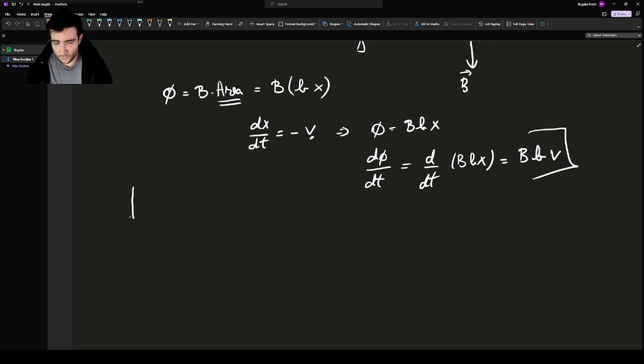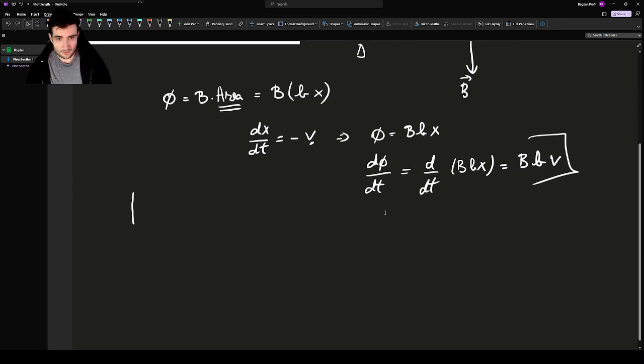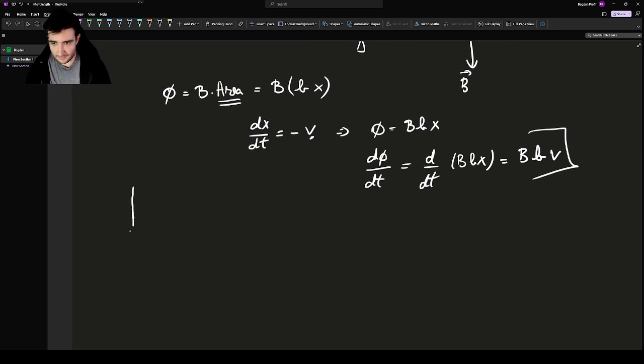So we know that there are positive charges here and negative charges here. So I'm going to draw this as follows. This rectangle will become a circuit, and each side will have a certain amount of resistance.